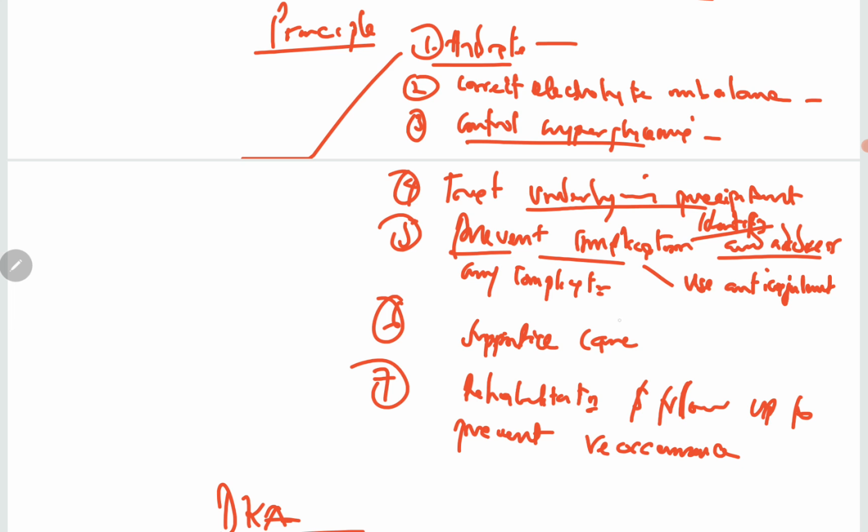And then supportive care. This has to do with diet, social. If a patient has fever, you want to tap sponge, and so on and so forth. So family support.